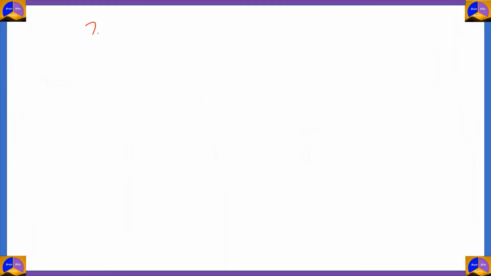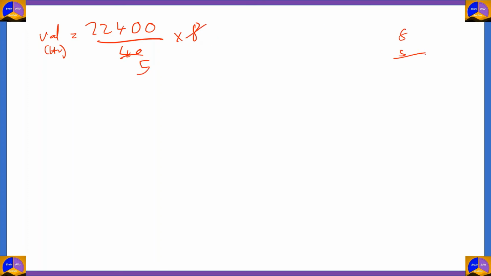So let's start calculating the volume of H2 liberated. So that is 22400 divided by 40 times 8. 8 goes into 40 5 times. 8 times 5 is 40. So that is 22400 divided by 5. So again, 22. So that's 4 times 5 is 20, 24.